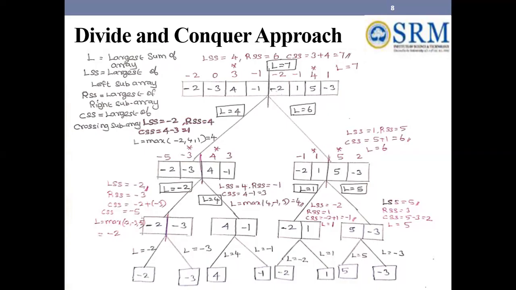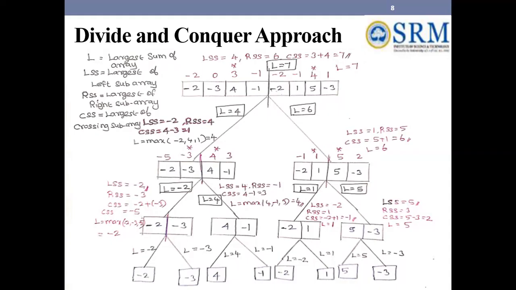So how do we find the L value for a sub-array? In this approach, we are finding the solution for sub-problems from the bottom. Then we go to the next level, moving from bottom to top. We are combining the solutions of sub-problems to get the solution to the original problem, that is, at the root node.